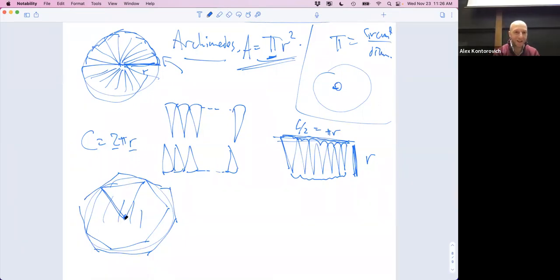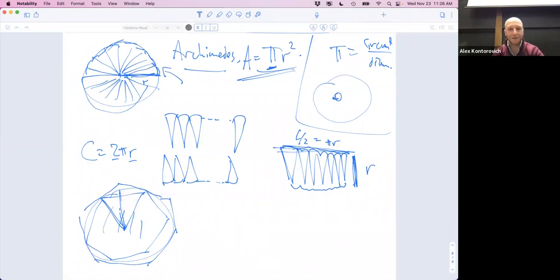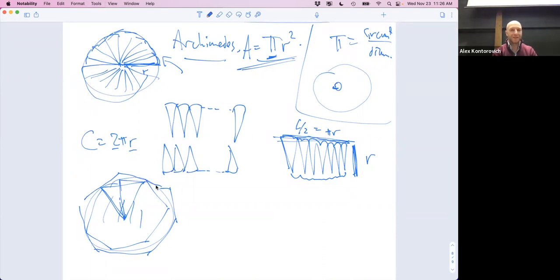Then he divides that hexagon in half, and makes a 12-gon, and then a 24-gon, and then a 48-gon, and then 96-gon, and so on. So he does a crazy amount of calculation, and this was still being carried out before Newton came to being in Europe.